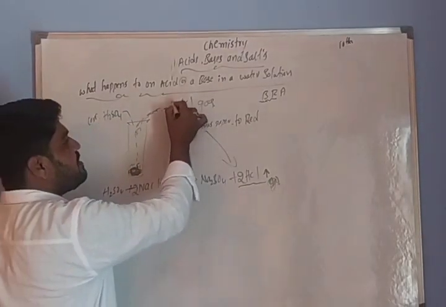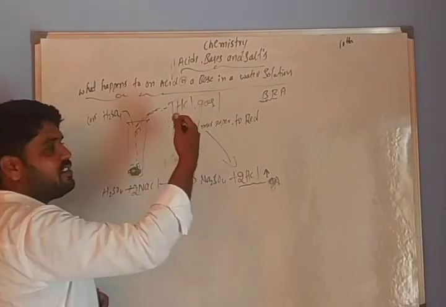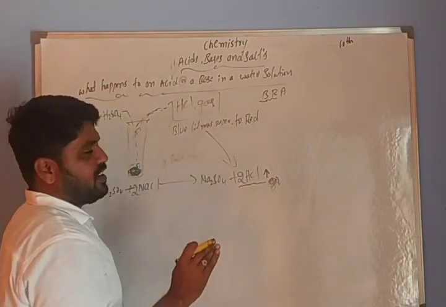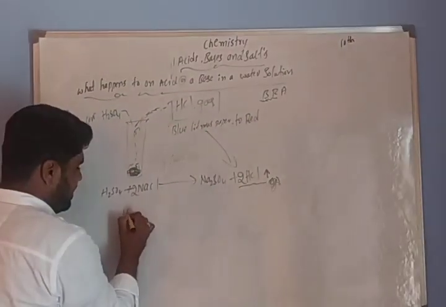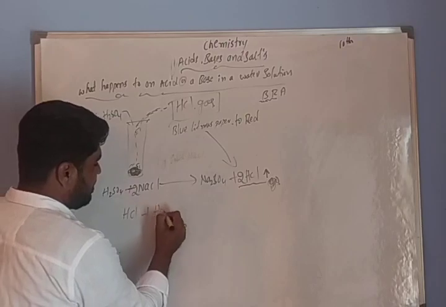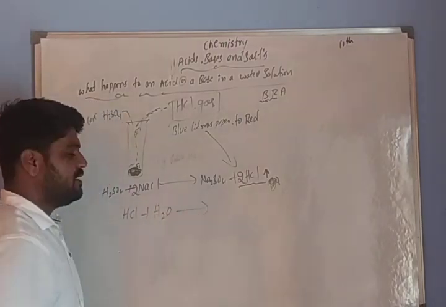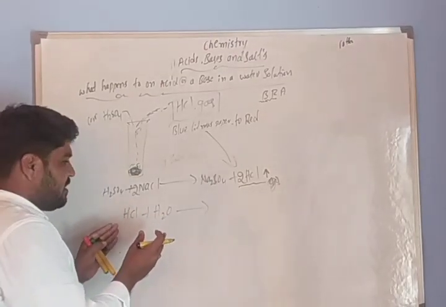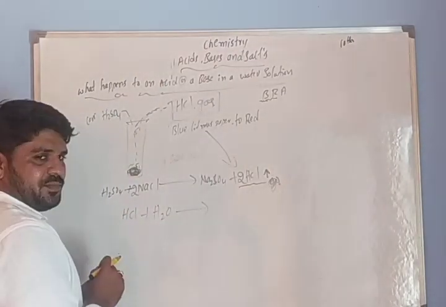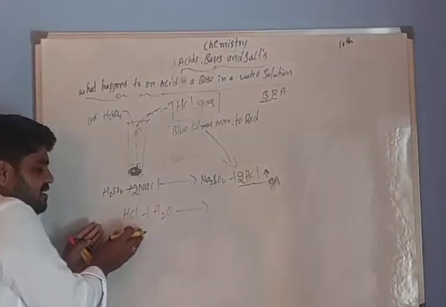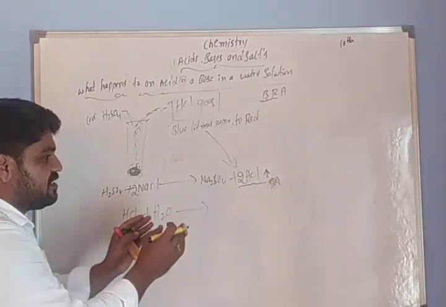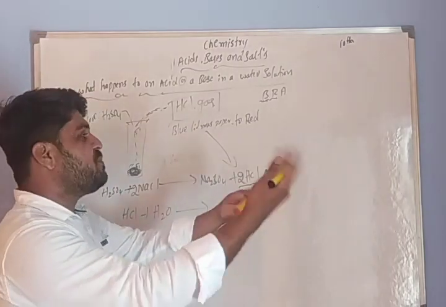So if this HCl gas is passed into the water, what happens? Let's see. HCl reacts with water. So this water combines with HCl. So simply, when acids react with water, they produce H plus ions.